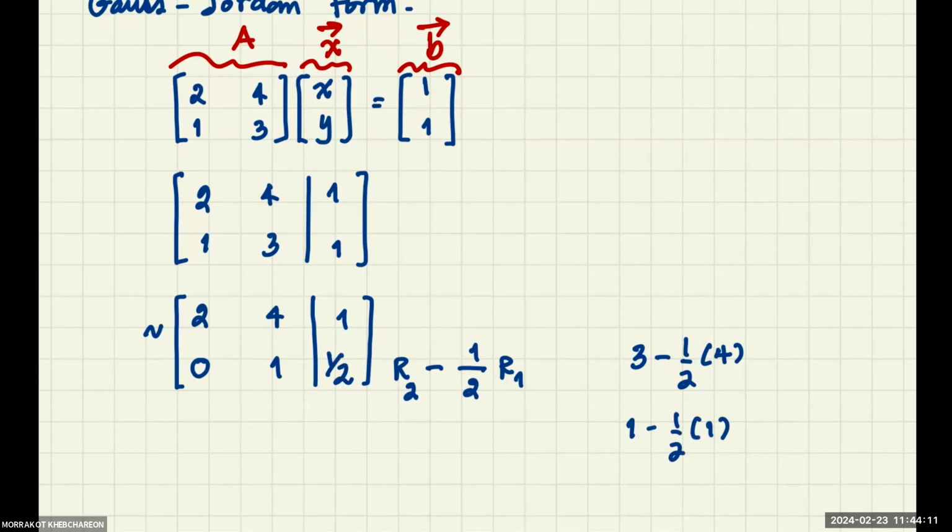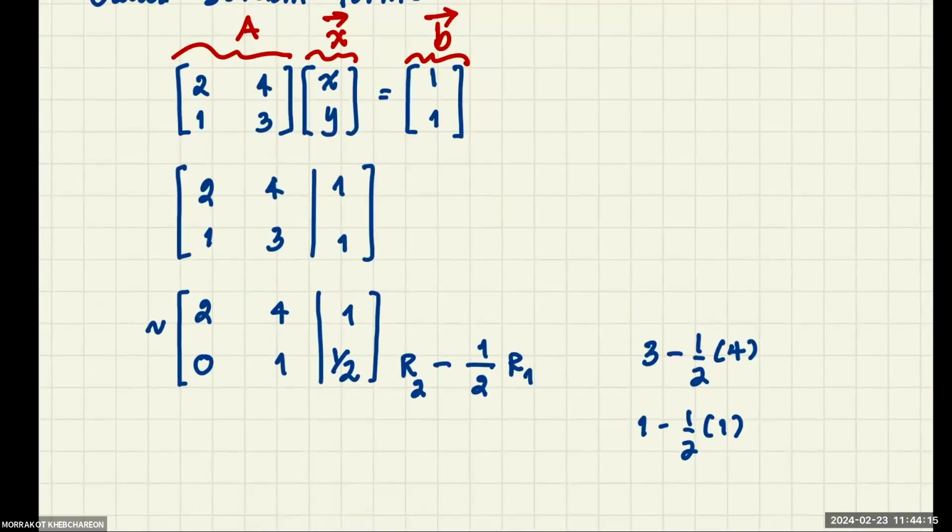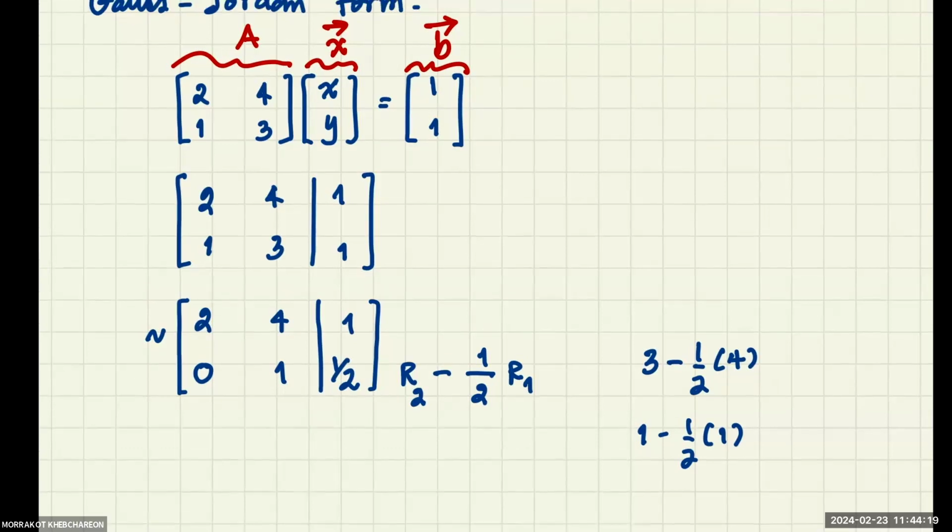Okay. And now I want I, right? So now I go from this one, I have U already. Now, if I want to have the identity matrix, I will use the one below here to make the one above equal to 0, okay?